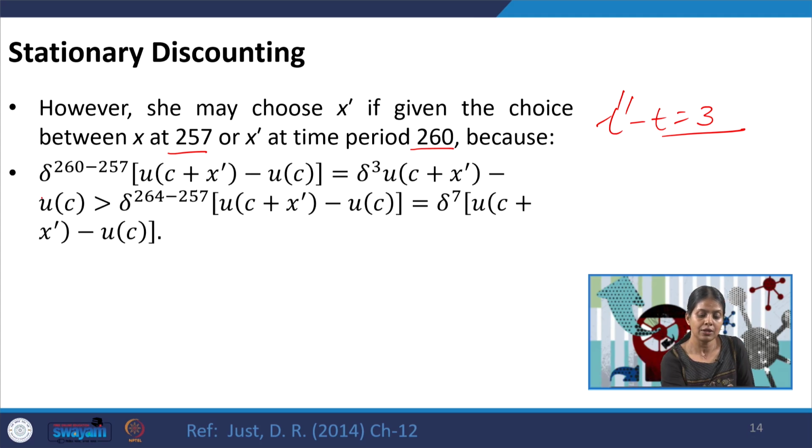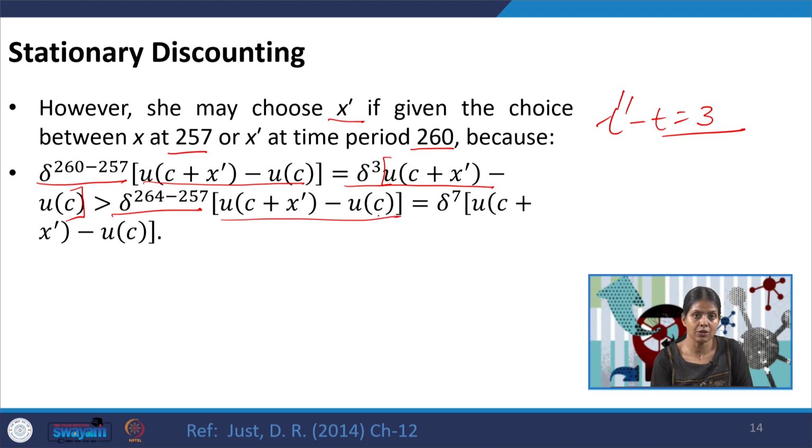So, here if she chooses x prime over x, then this implies that delta raised to the power 3 (260 minus 257) multiplied by u(c plus x prime) minus u(c) is greater than delta raised to the power 7 multiplied by u(c plus x prime) minus u(c).